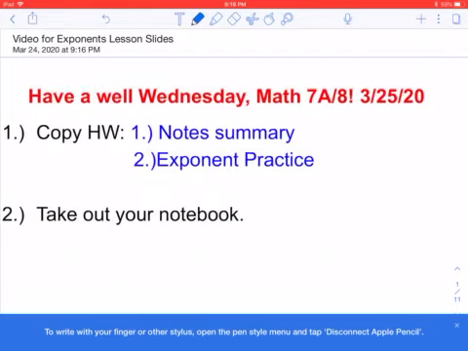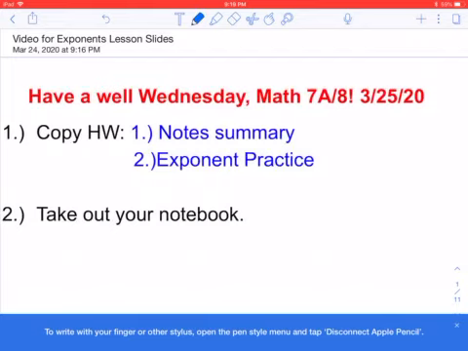You're going to do two things for me. One is you're going to submit a short note summary, which is just going to be answering the essential question. And then the second thing is I'm going to make you a real short little practice page for you to do on separate paper to practice exponents. But it's just going to be really, really short. And you'll end up taking a picture of that and submitting that on Google Classroom as well.